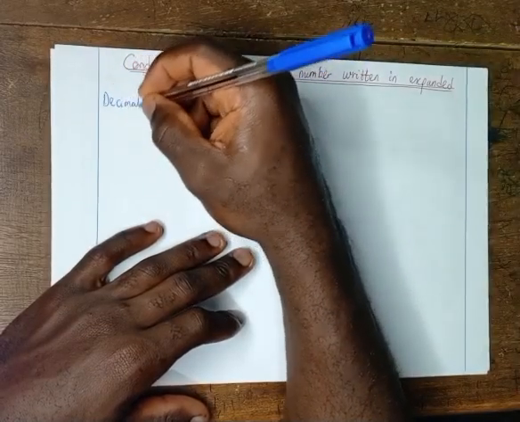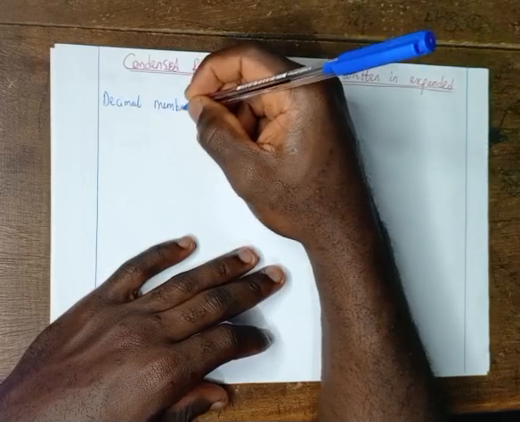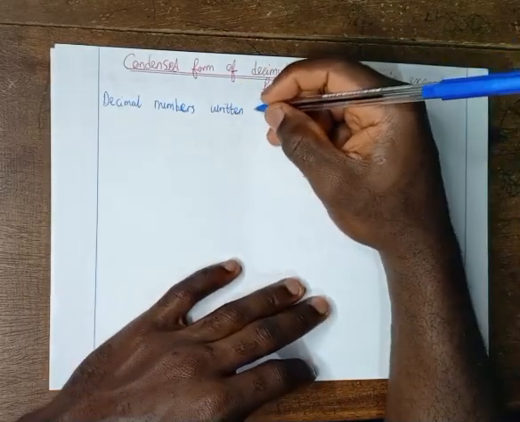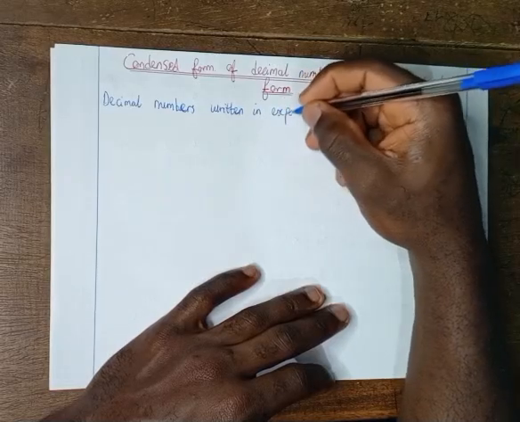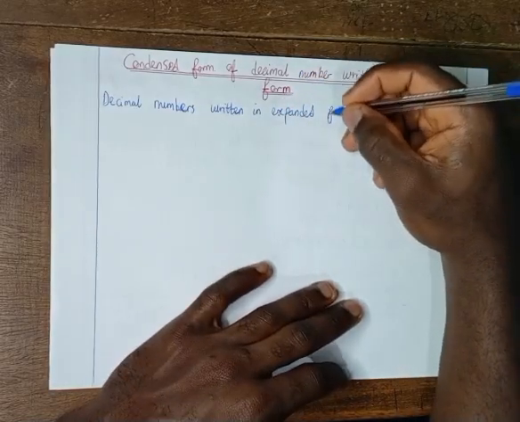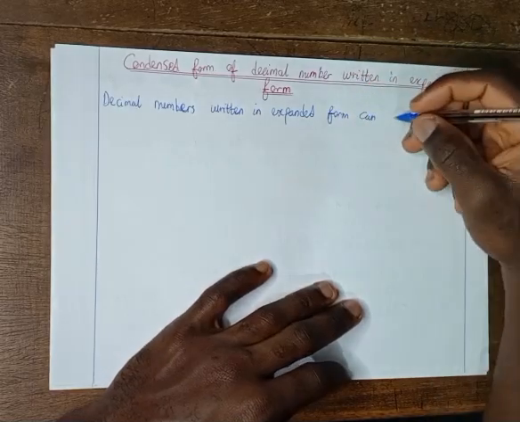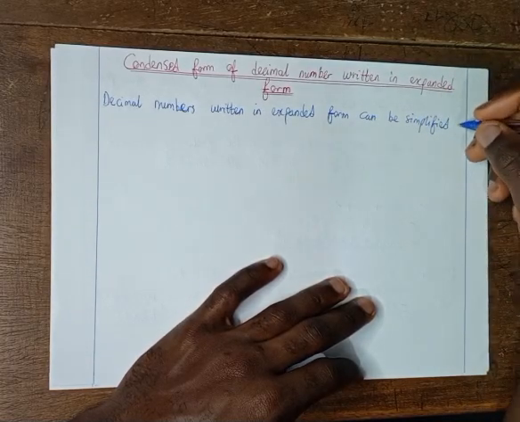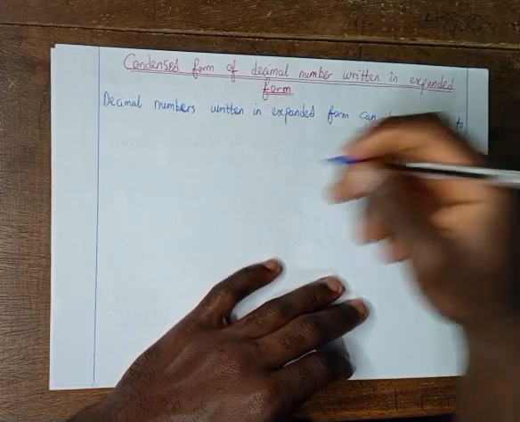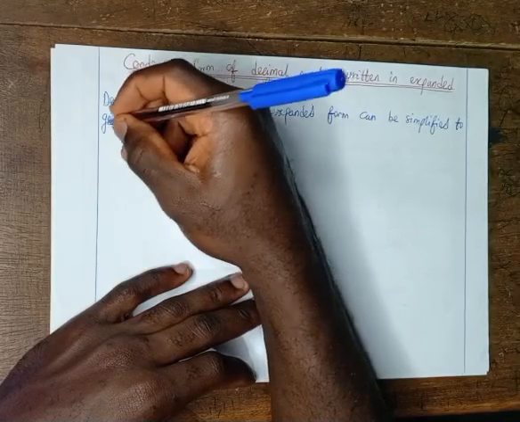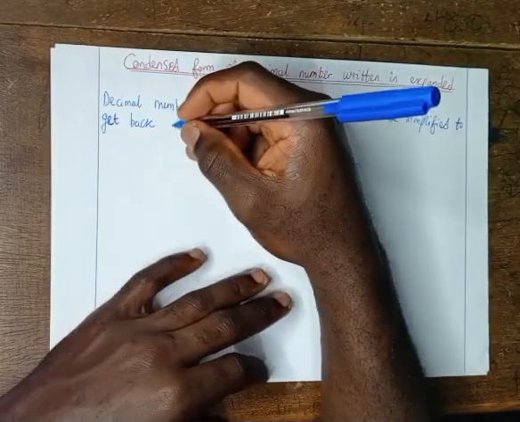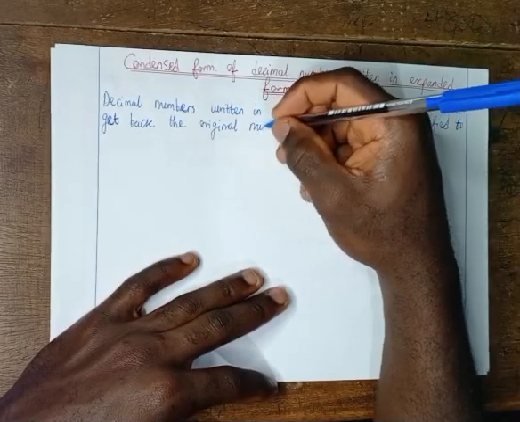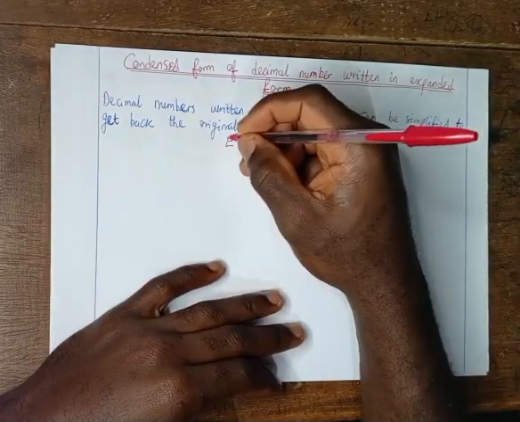Decimal numbers written in expanded form can be simplified to get back the original number. Let's take an example.